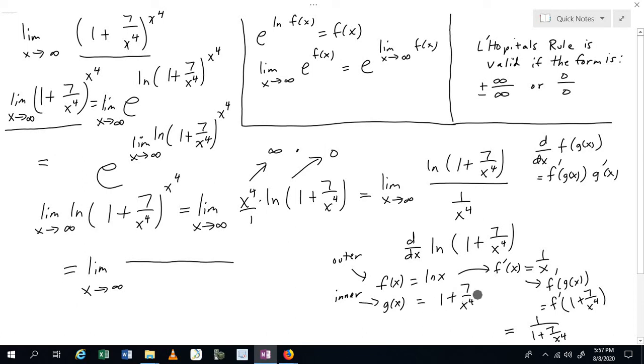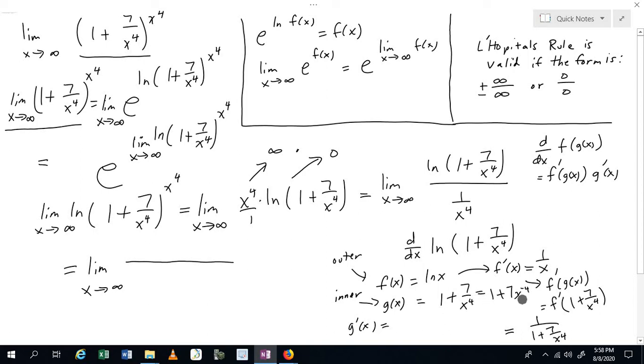Okay, and so to find this derivative, I think it'd be easier to just rewrite it first. Let's write it as 1 plus 7 times x to the negative 4. Remember, those are the same thing. 7 over x to the 4 is the same as 7 times x to the negative 4. And then finding the derivative is a lot easier. Of course, the derivative of the 1 is 0.